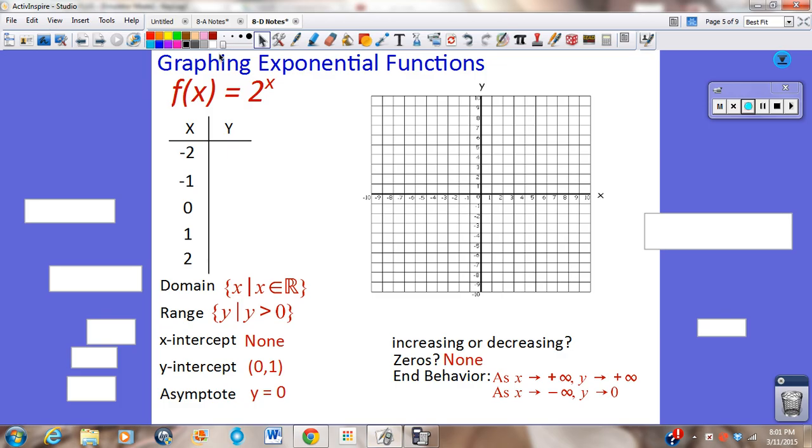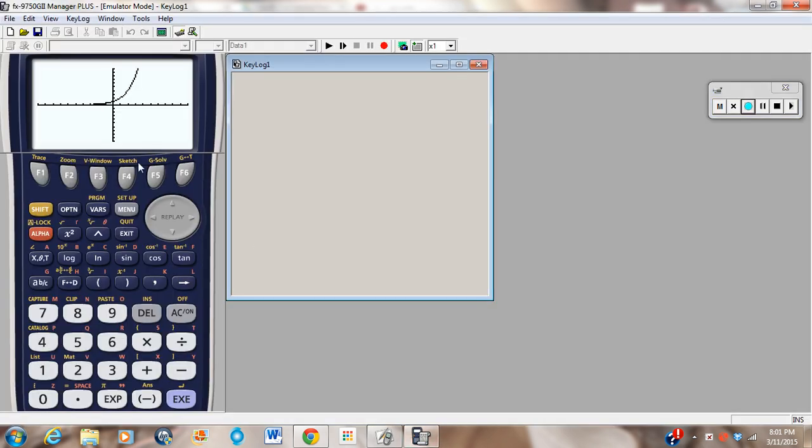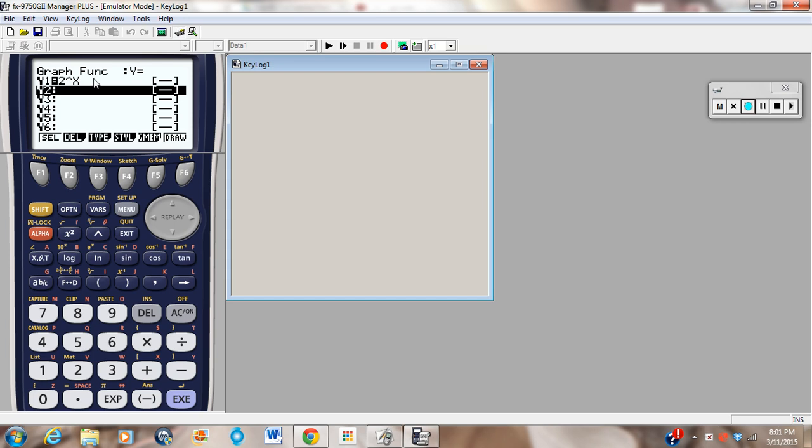Okay? So let's look at another one, and you'll start to see it's the same thing. So when you do y equals 3 raised to the x power, we'll go and do that again. Let's exit. Now I'm actually going to put it on top just so you can see it, 3 raised to the x power.